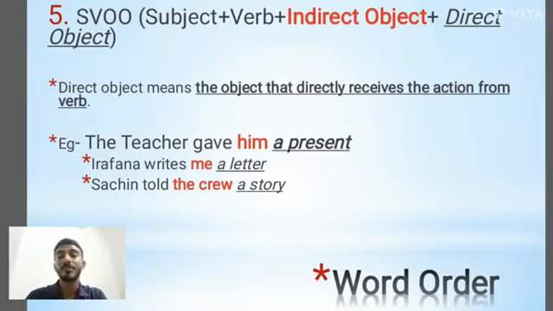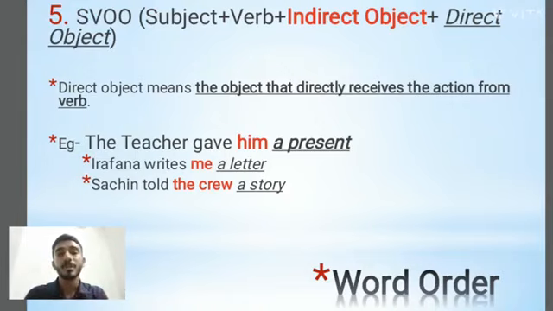Let's try to understand it with the help of the examples given in your text itself. Let me take you through the first example. The teacher gave him a present. Let us classify that sentence based on the pattern rule. Subject, the teacher. Verb, gave. Him, indirect object, and a present, direct object. Because when we use a verb like give, gave, or given, a question arises in our mind: what?